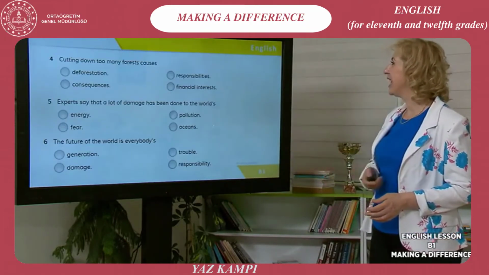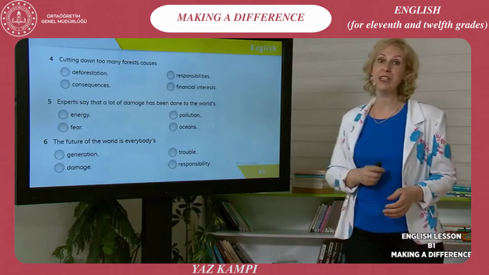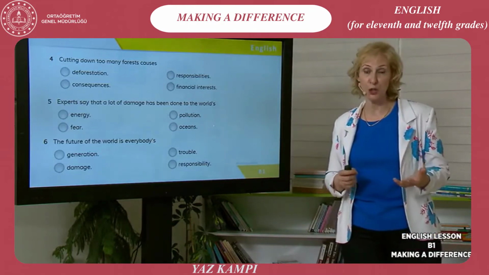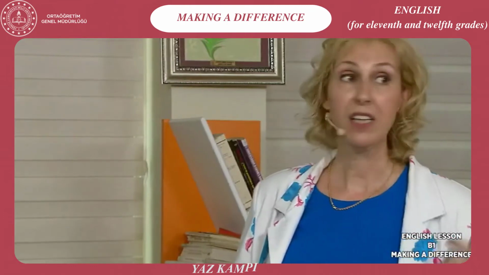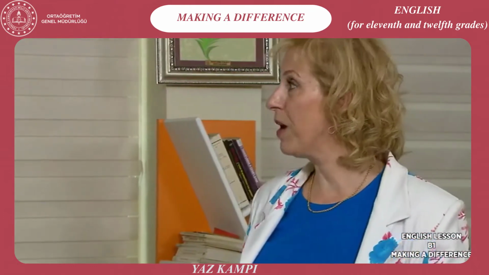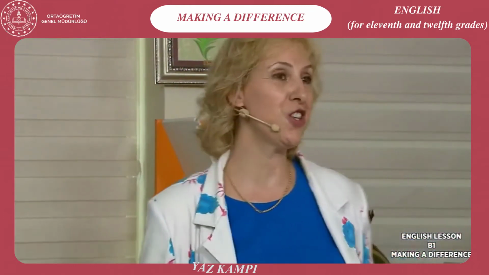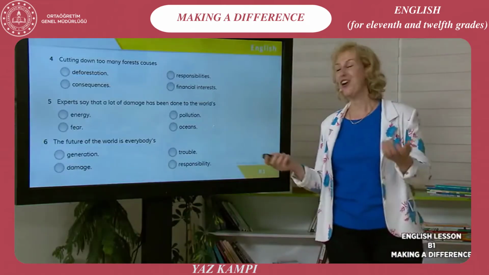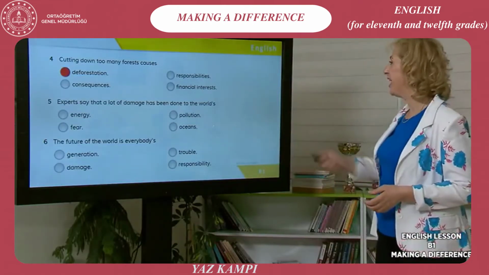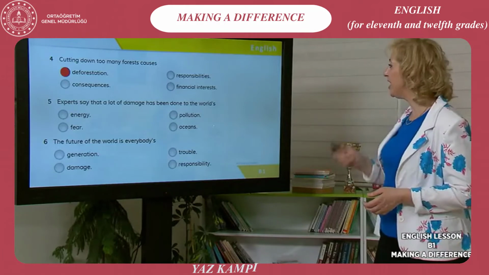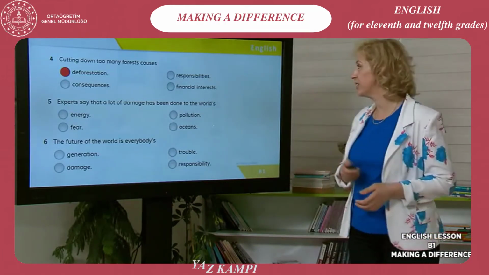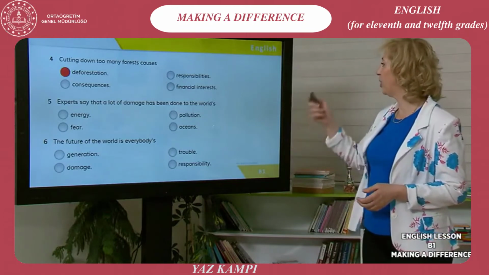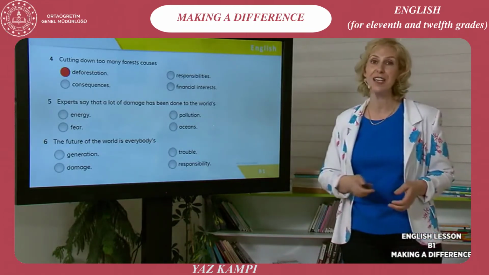Very good. Cutting down too many forests cause, what do they cause? Deforestation, consequences, responsibilities, financial interests. Which one? Of course, deforestation. Experts say that a lot of damage has been done to the world's energy, fear, pollution, oceans.